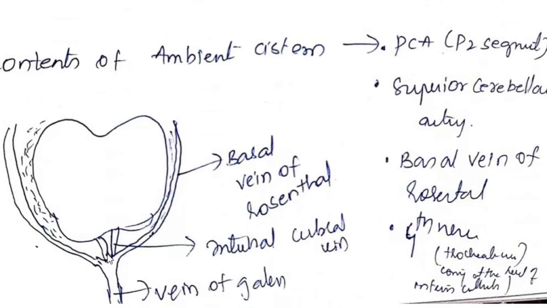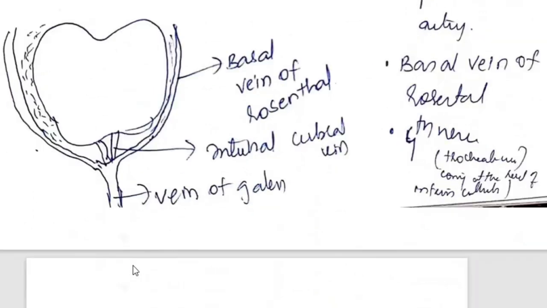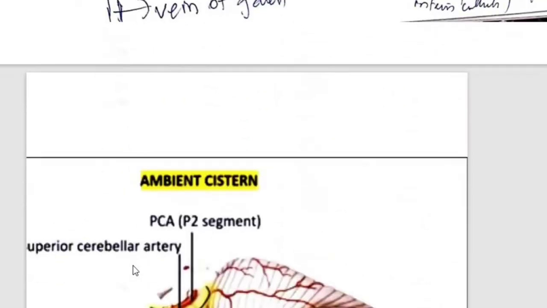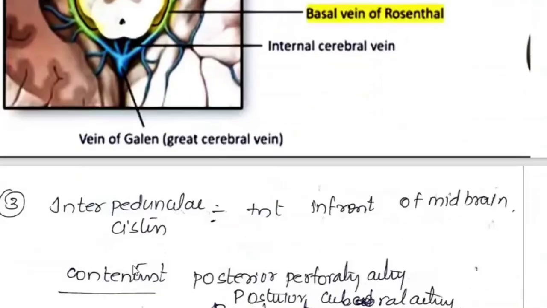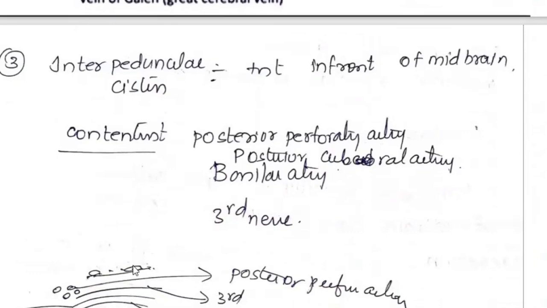So the contents are the vein of Galen and the P3 part of PCA, and remember the choroidal artery. Are you understanding, or do you have any doubts? No, ma'am, I'm understanding.